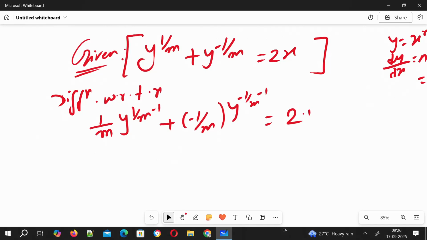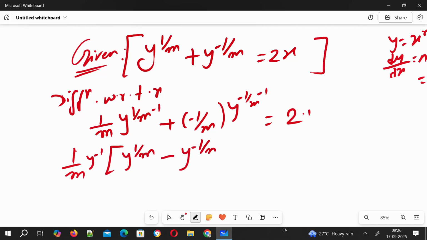Arrange this equation first: we can see y to the power 1 by m minus 1 in the first term, and the second term also has y to the power minus 1 by m minus 1. So we can take minus 1 common and write the expression in this form, equal to 2.